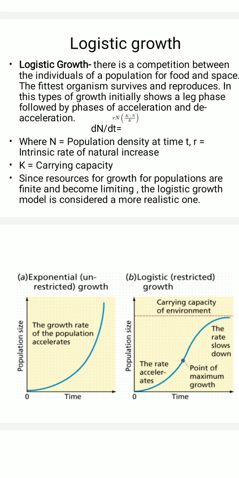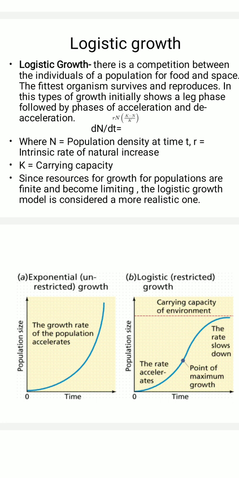Whereas logistic growth, which is in a restricted manner, when population size is plotted with respect to time, has 3 different phases. The rate accelerates initially, lag phase, then the point of maximum growth in the middle, and the rate slows down further.